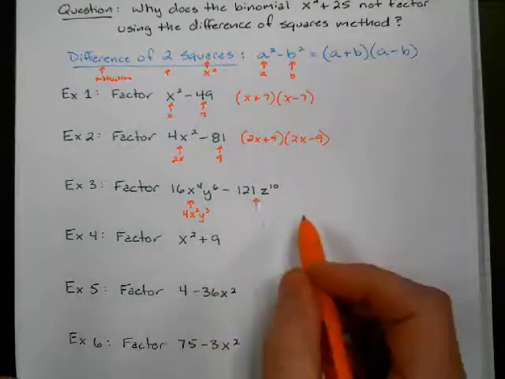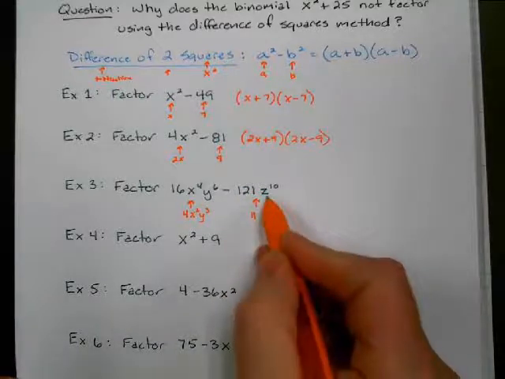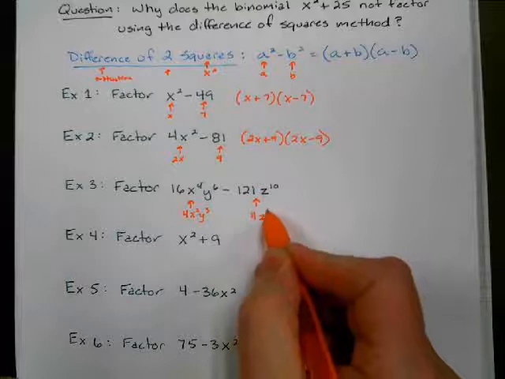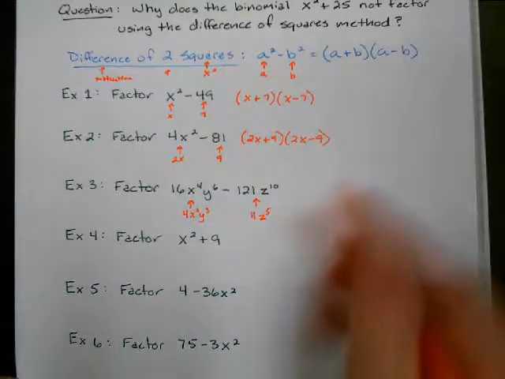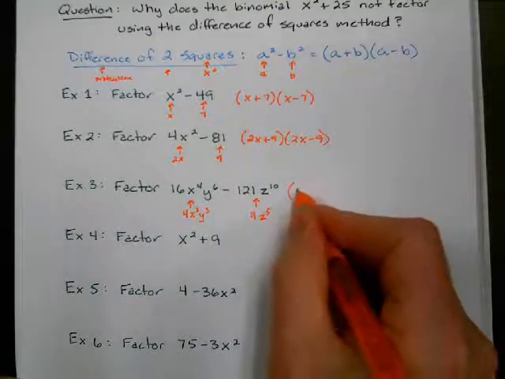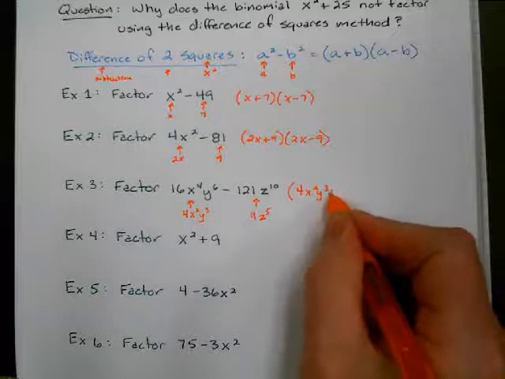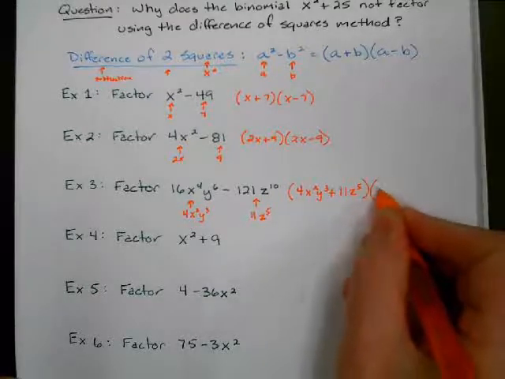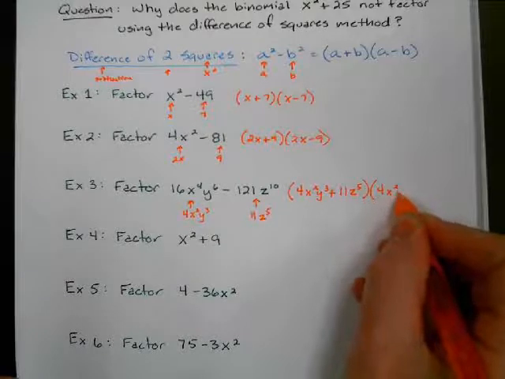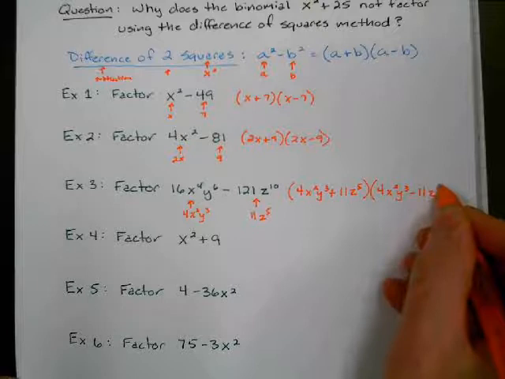Is this a perfect square? 121, yes, that's the perfect square of 11. Is this a perfect square? Sure, that's z to the 5th times z to the 5th. So we have the difference of two squares. So this would be 4x squared y to the third plus 11z to the 5th times 4x squared y to the third minus 11z to the 5th.